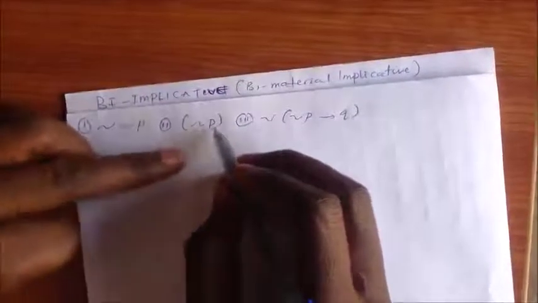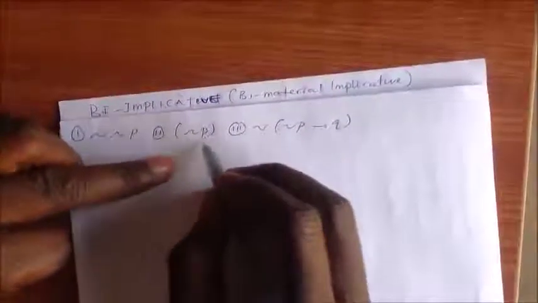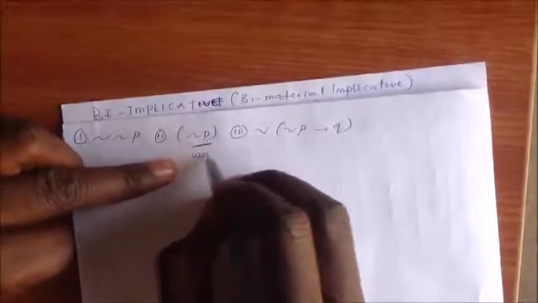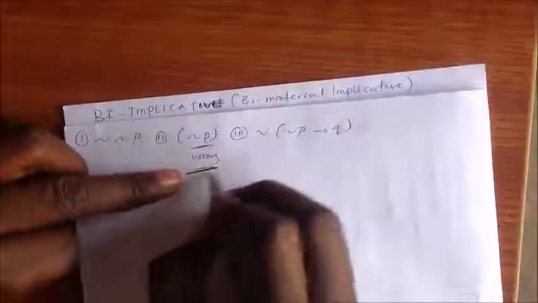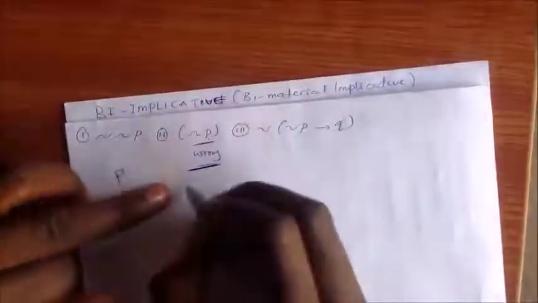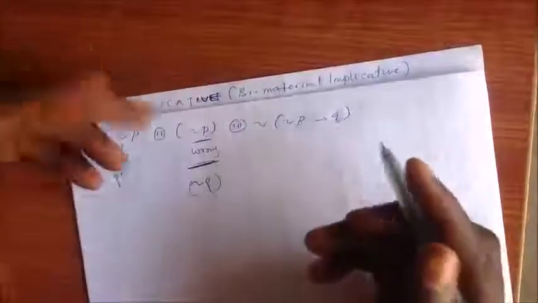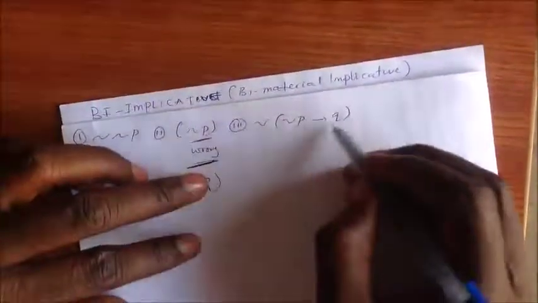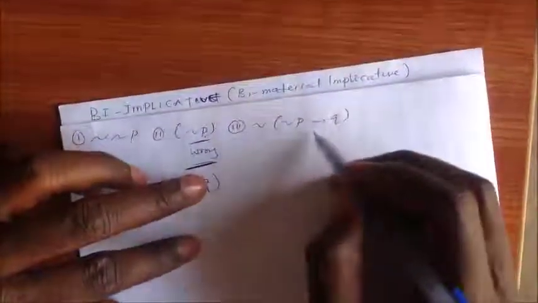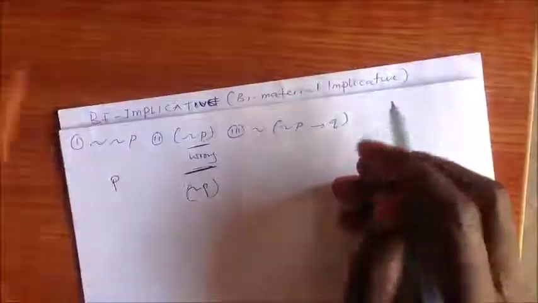So it cannot be in brackets. Since we put brackets, this is wrong. It's not a well-formed formula because of this bracket. But the negation of P is a well-formed formula; once you put the bracket, it will be wrong. The negation of this one is a well-formed formula. That is what we mean by a well-formed formula.